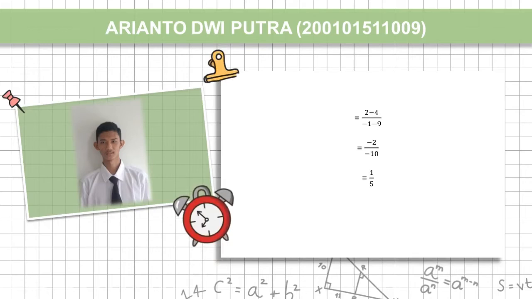That equals 2 minus 4 equals -2 over -1 minus 9 equals -10. Okay, so that equals 1/5.